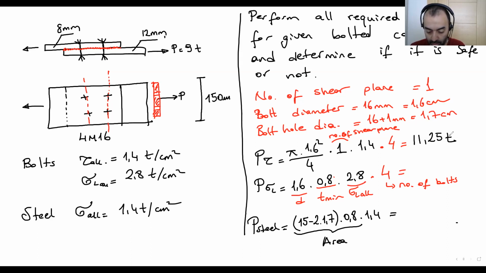Then the bearing one is 1.6 times 0.8 times 2 times 4. Yes, correct. Last one for steel, 15 minus 2 times 1.7 times 0.8 times 1.4, almost 13 tons.